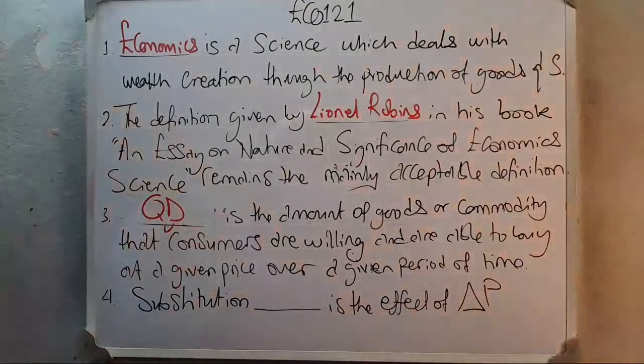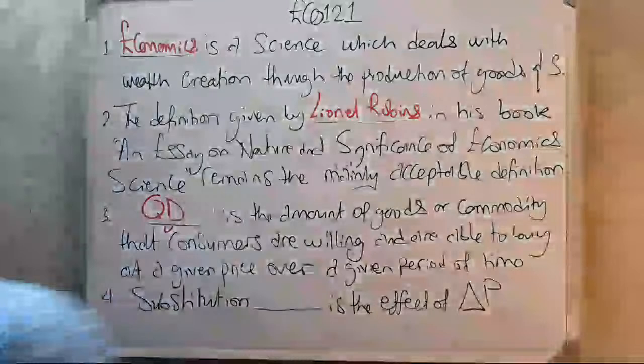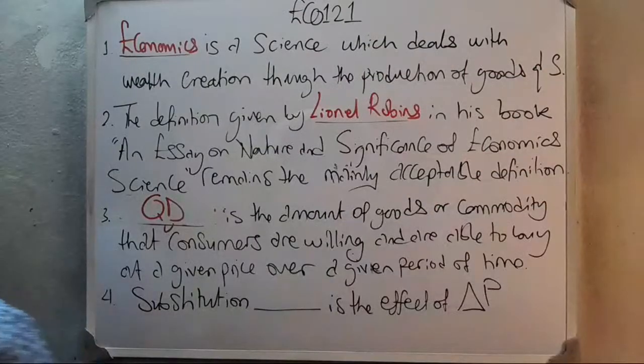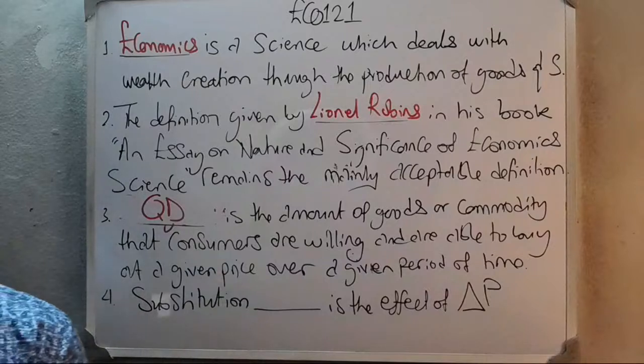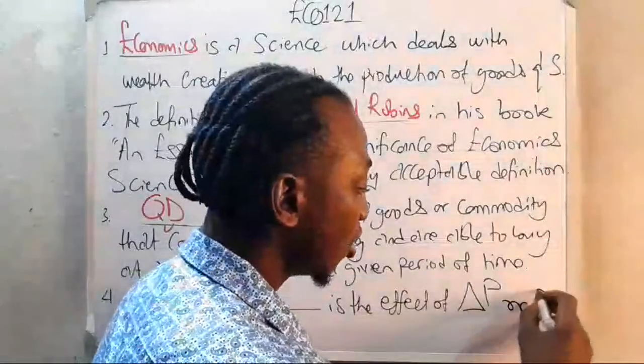I believe we know the meaning of this. In economics, change means change in price. Substitution dash is the effect of a change in price on quantity demanded, on QD.